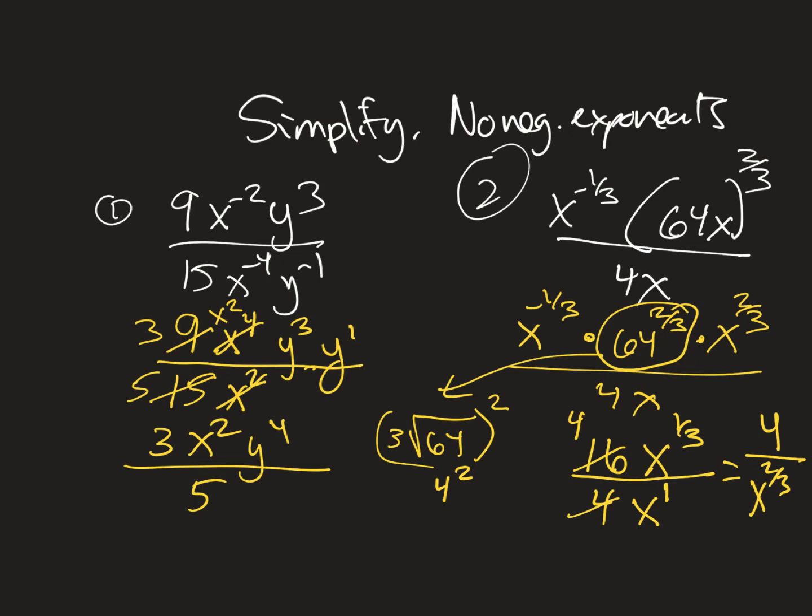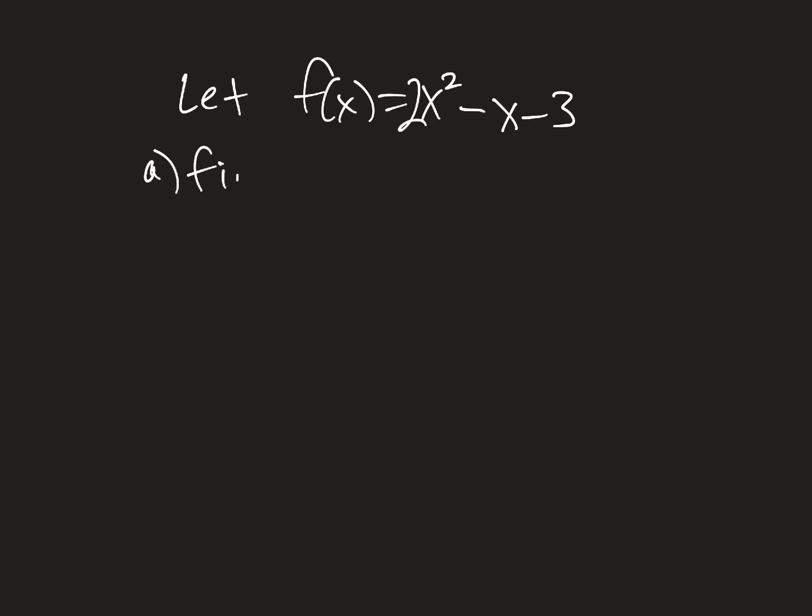Now let's do a problem involving the difference quotient. All right, so I'm gonna make a new page here. So let's say let f of x equal 2x squared, minus x, minus 3. First question is going to be find f of x plus 2 and simplify.